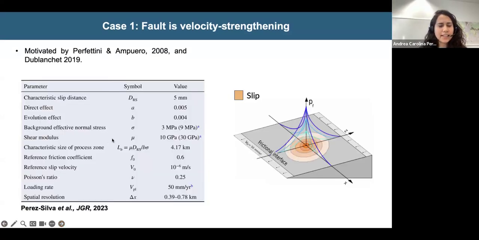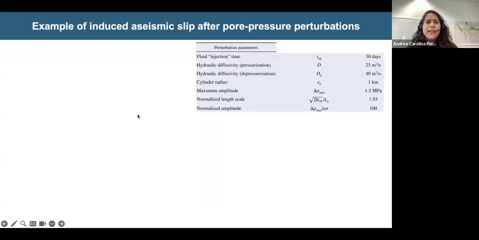So these are just to show some of the model parameters. We assume uniform friction properties with A minus B positive. And following Perfettini and Avouac, we consider a nucleation size given by this parameter. So I'm going to show now an example of an induced aseismic slip after pore pressure perturbations.